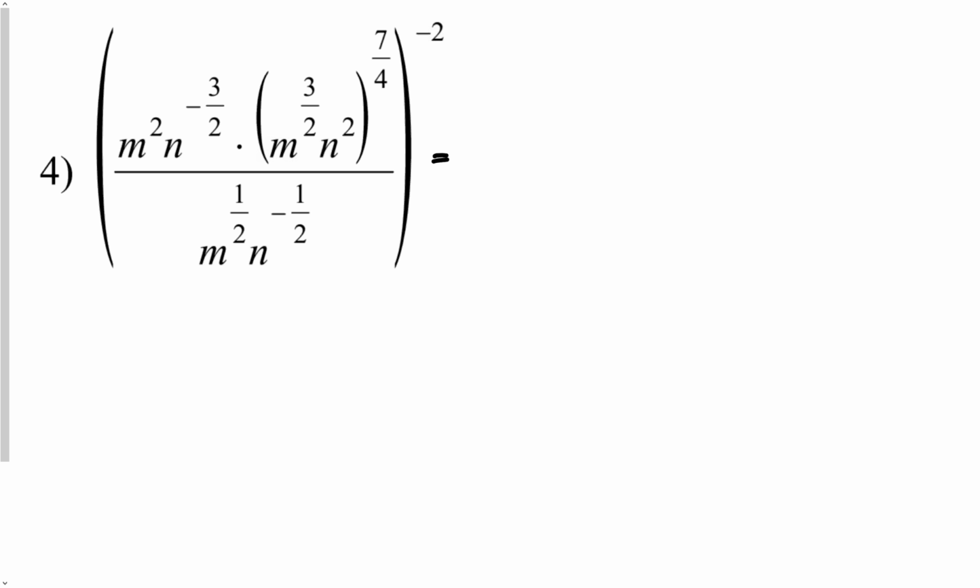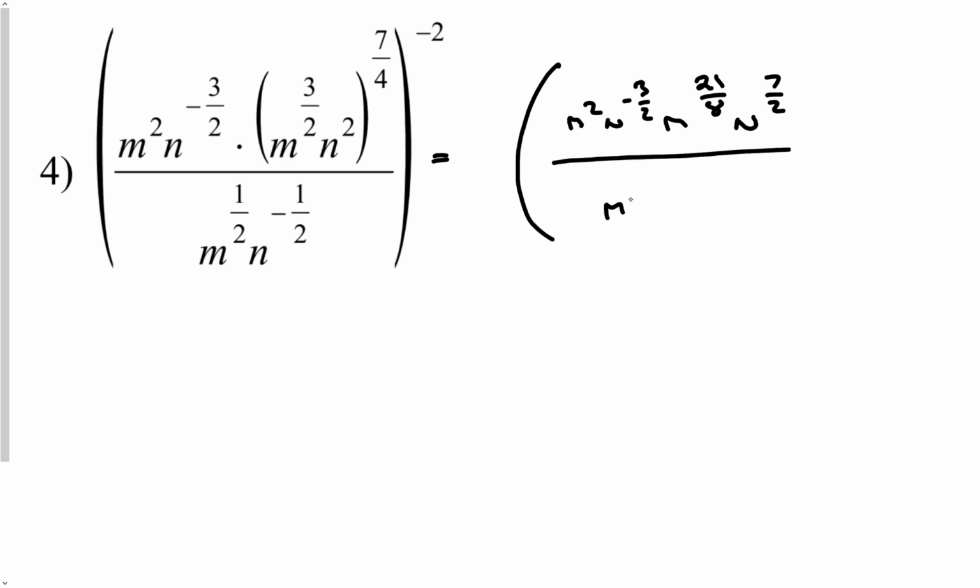So this turns into 3/2. So that's 21/8, which is not reducible. So we are going to start with m squared, n to the -3/2, m to the 21/8 power, and n, 2 times 7 is 14, 14/4 turns into 7/2.